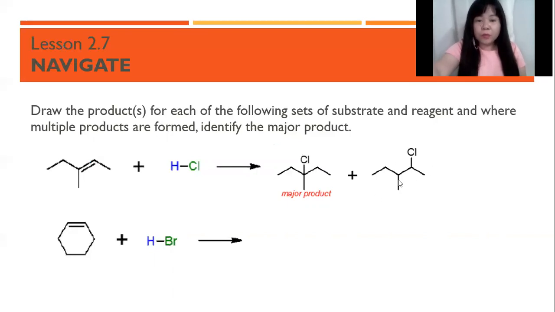Here's the other possible product in the anti-Markovnikov's orientation. So this is not favored. In the next example, we have a symmetrical structure. Therefore, H or Br may attach themselves to either of the two carbons and you'll just get the same product.